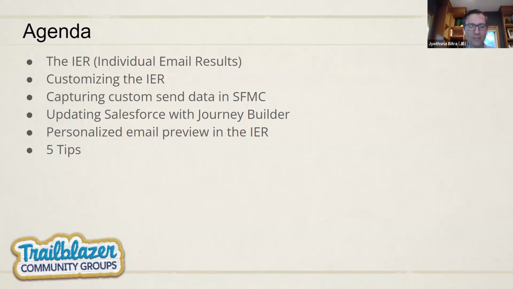We're also going to talk about a custom application that we developed that gives an enhanced experience in the individual email results record, where you can preview an email with send time personalization and actually resend it. And then we've got 5 tips at the end.